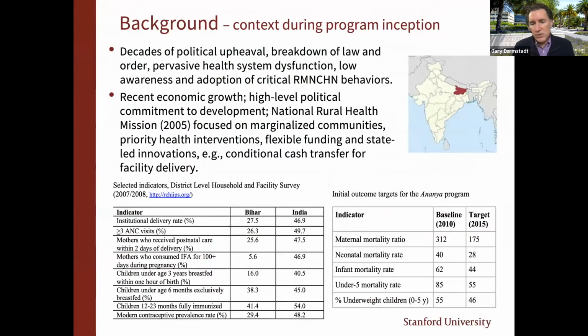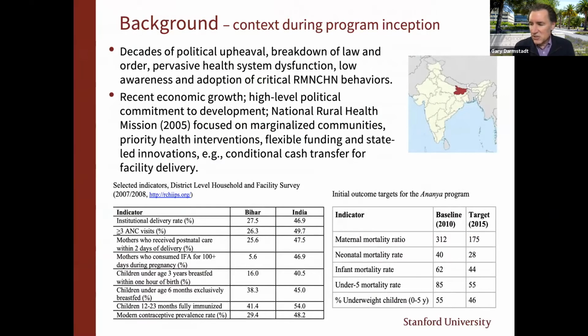Just a bit of the background. When this program was conceived, the state of Bihar was in a very difficult position, struggling with political upheaval and a breakdown in law and order. The health system was largely dysfunctional. But there was some hope, and some recent economic growth, spurred in part under the leadership of a new chief minister of the state.